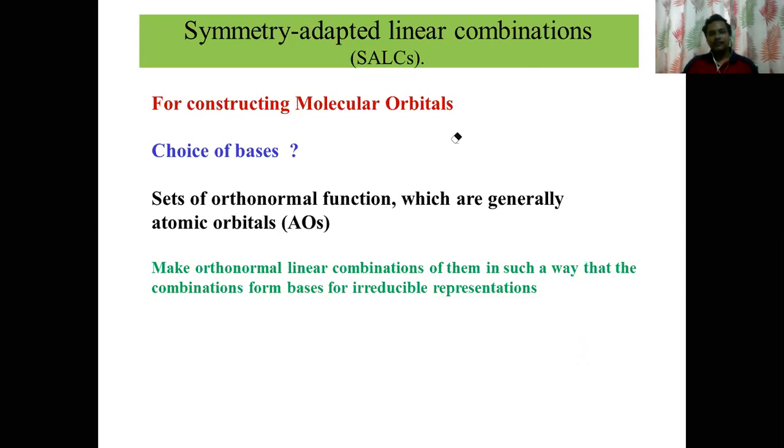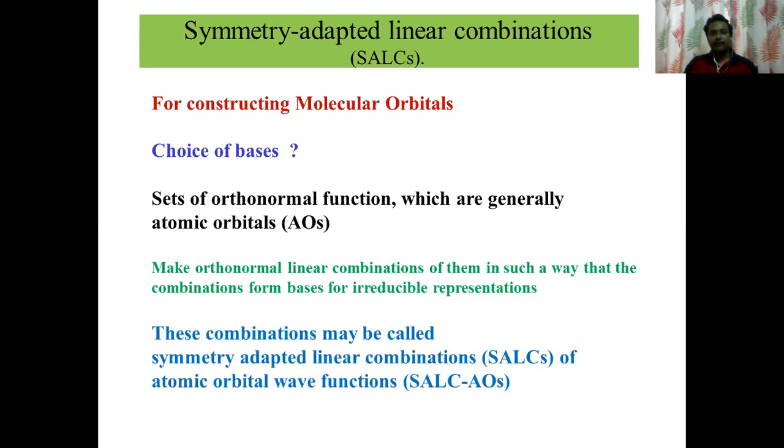Okay, so now what exactly we call is the SALC. The question is, if we combine them, these combinations which are based on symmetry are called symmetry adapted linear combinations. Those are basically linear combinations of atomic orbitals, but based on symmetry, right?